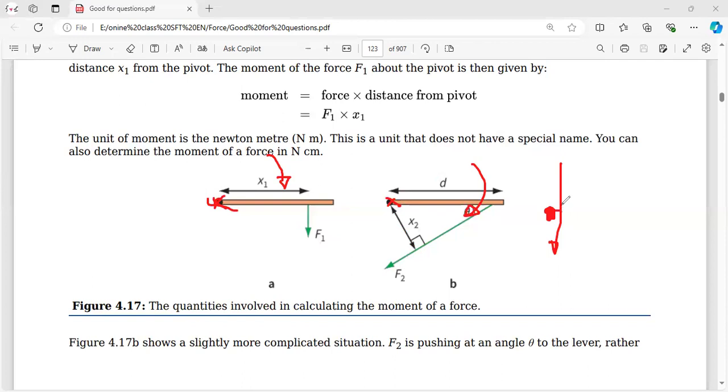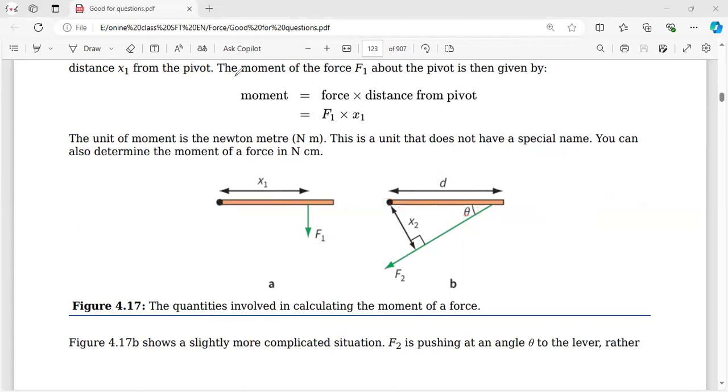This is the perpendicular distance. So this is also clockwise, right? And if the pivot point is here and the force is like this, it is again also in the clockwise direction, right?